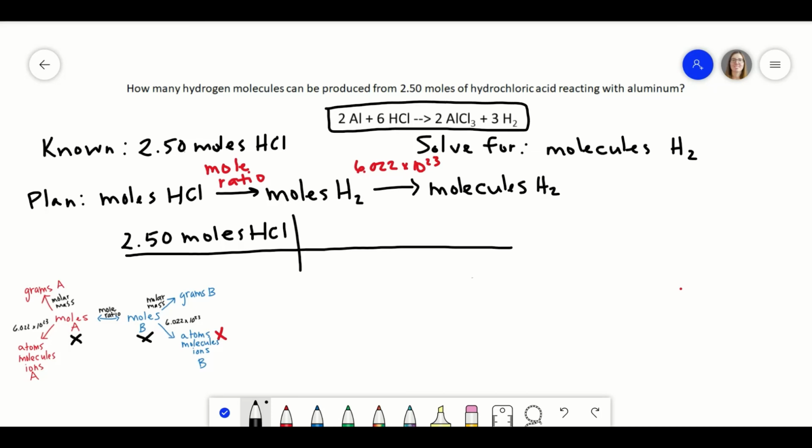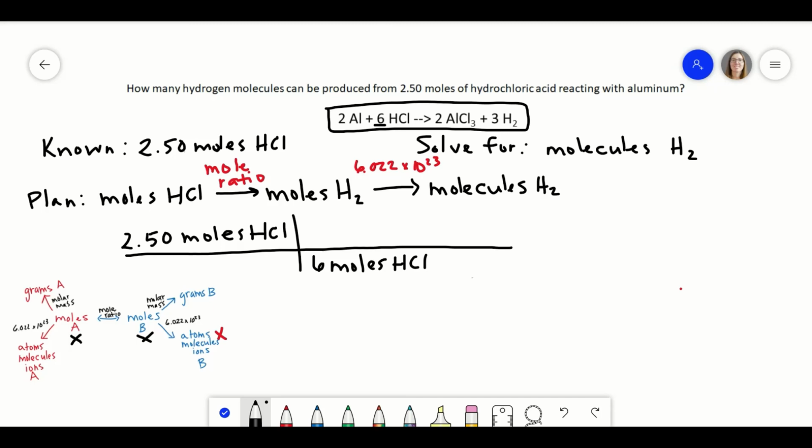Again, I'm going to let the units guide me. So I want to get rid of the unit of moles of HCl. And so I'm going to put moles of HCl on the bottom of this ratio. And for HCl, there are 6 moles. So there's going to be 6 moles of HCl on the bottom. And I want to get into units of moles of H2.